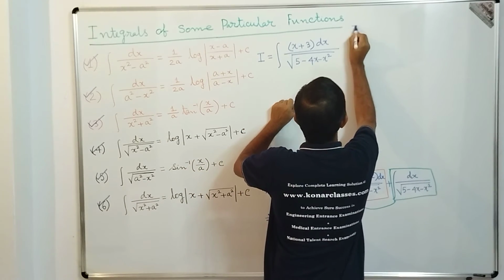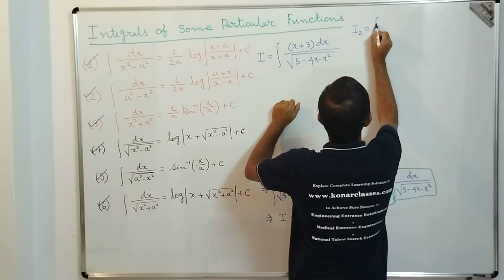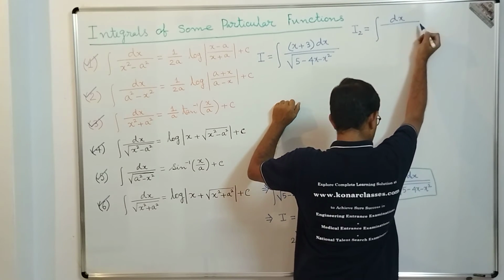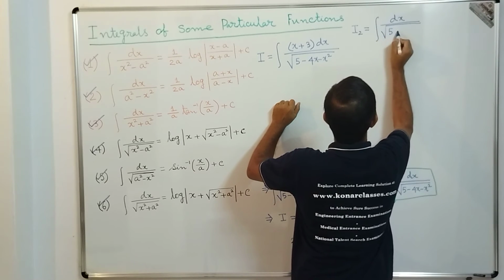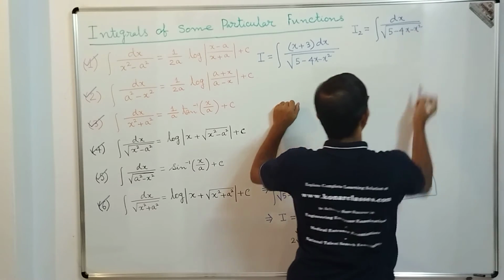So what is I2 here, dear students? I2 is equal to integration of dx divided by square root of 5 minus 4x minus x square.